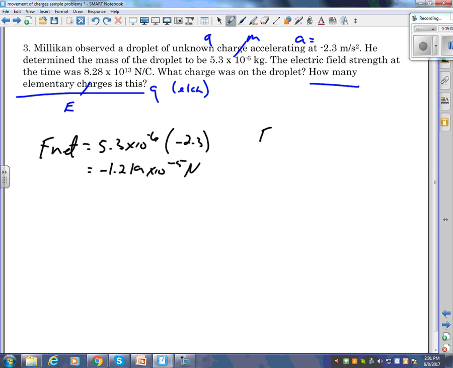I'm gonna find FW, mass times gravity. 5.3 times 10 to the minus 6 times minus 9.8 is negative 5.194 times 10 to the minus 5. That's okay. Again, I'm looking for steps in process. The actual numbers are secondary.